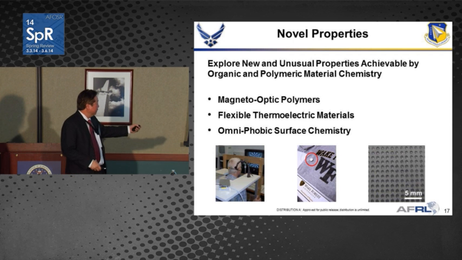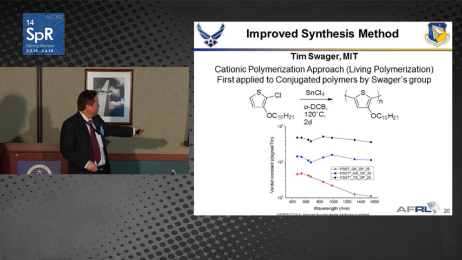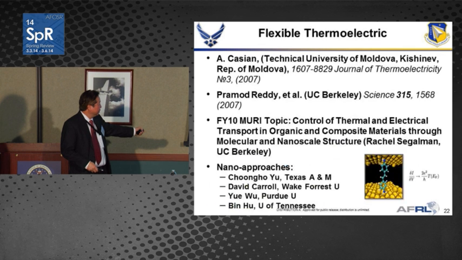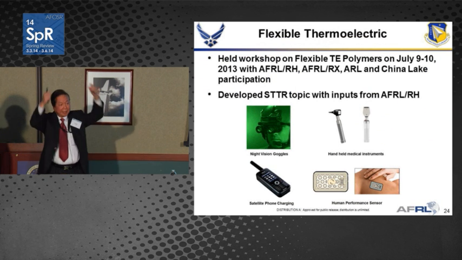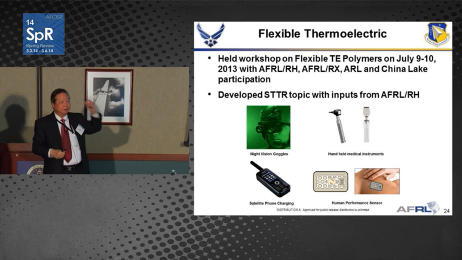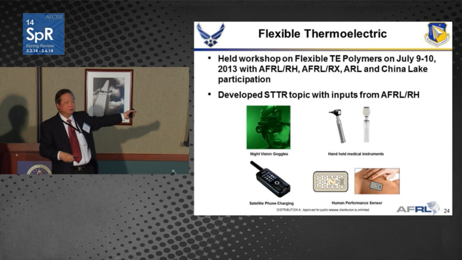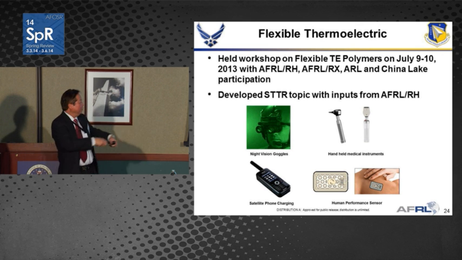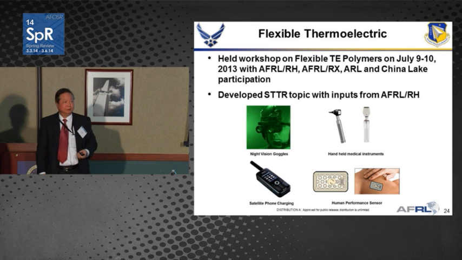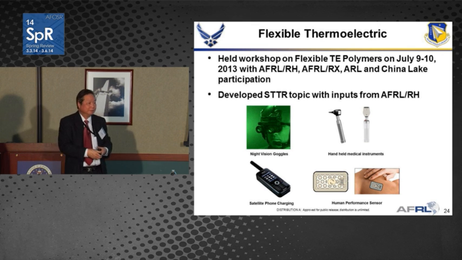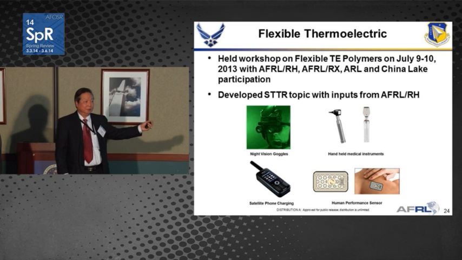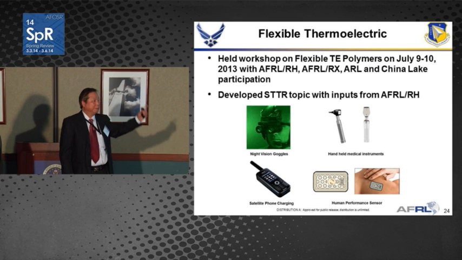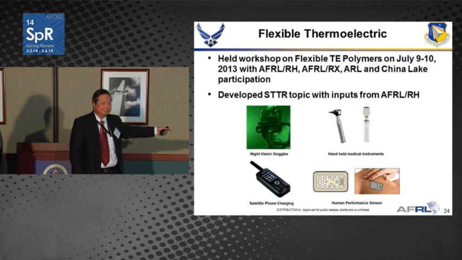But right now, we have identified many different applications, like making a cap and using that to power night vision goggles so that you don't need to carry batteries, or using it on the handle of medical equipment so that you don't need batteries, you just need to hold it. Or developing biosensors where you could use this type of material to power the biosensor.